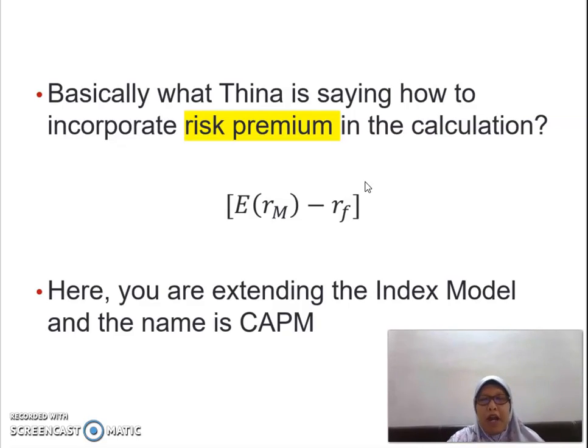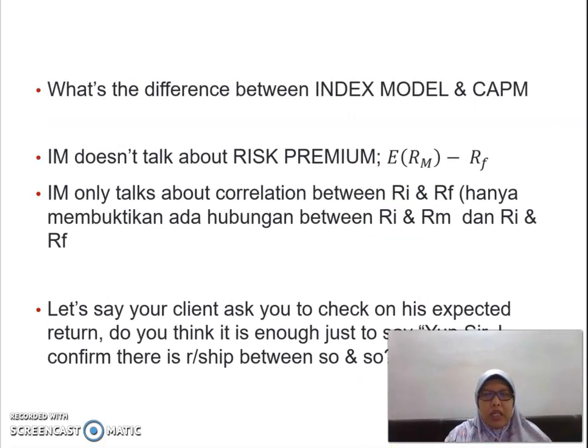Before I go to the full CAPM model, let's see the difference between the index model and CAPM. The index model doesn't talk about risk premium. It only talks about correlation, proving there is a relationship between RI and RM and RI and RF.